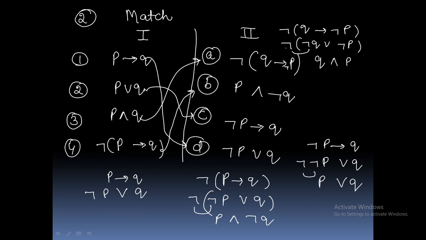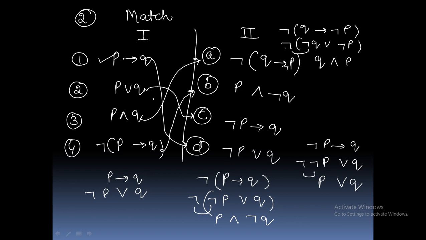For matching, first of all we have to solve these equations. P implies Q will be solved by this method. We take negation on the left side value, negation P, and instead of writing implies we will write or Q: not P or Q. Now you can match it with the fourth option.